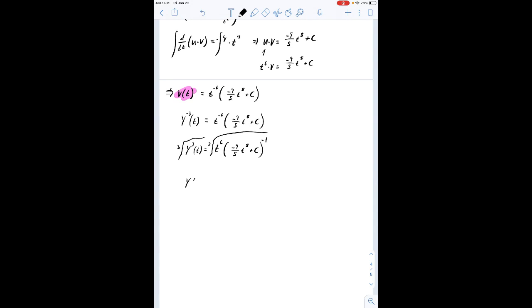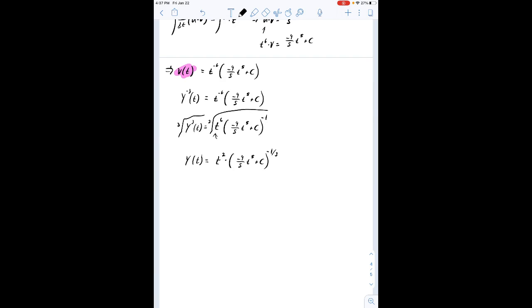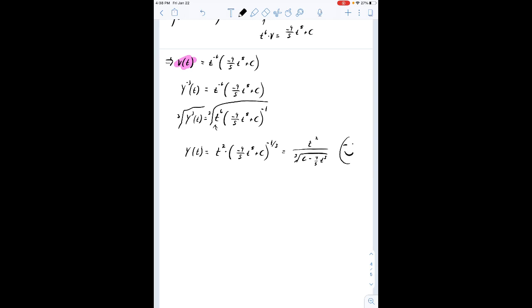So then we get y as a function of time is equal to, well, you can see that this is going to pull out t squared times this group, which is going to be to the -1/3. So we can also write this as t squared over the cube root of c plus minus 9/5 t to the 5th. Cool. So that is our solution.